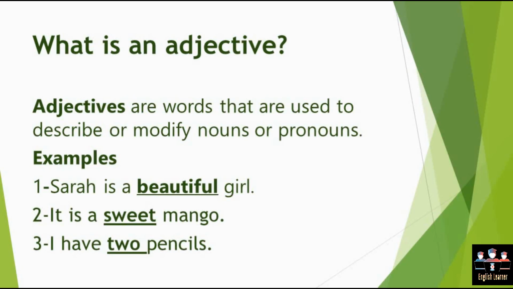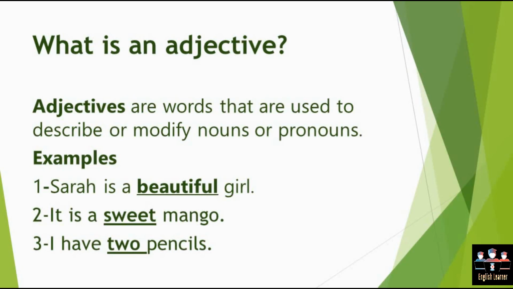Adjectives are words that are used to describe or modify nouns or pronouns. It means that whenever the adjective is going to be used in a sentence, it will describe to us the feature of a noun or a pronoun. It will describe size, color, shape, taste, or anything else in a sentence about a noun or a pronoun.